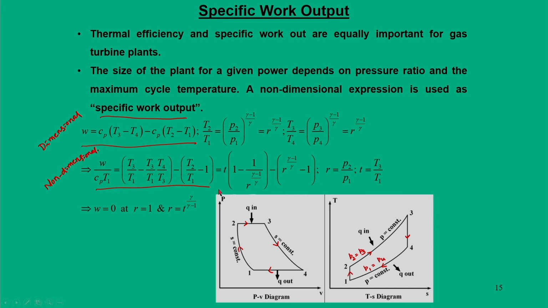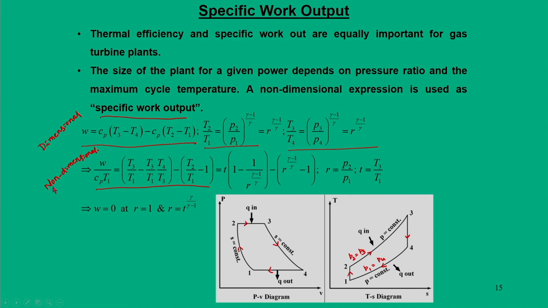When you do this, you have to do some mathematical jugglery, and side by side we have to use the conditions for an isentropic process: what is the ratio of T2 by T1 and what is the ratio of T3 by T1 as a function of pressure ratio. This is known to us for an isentropic process.